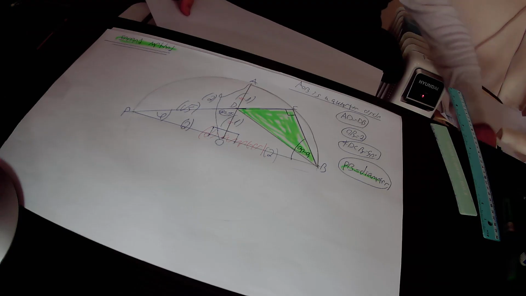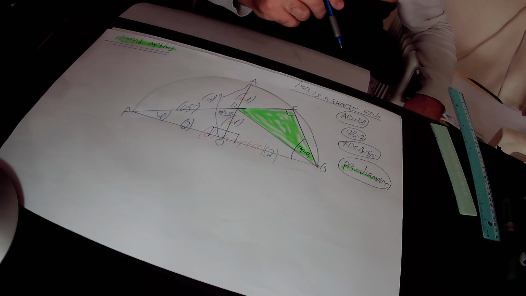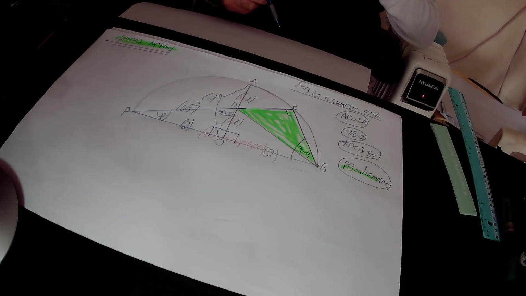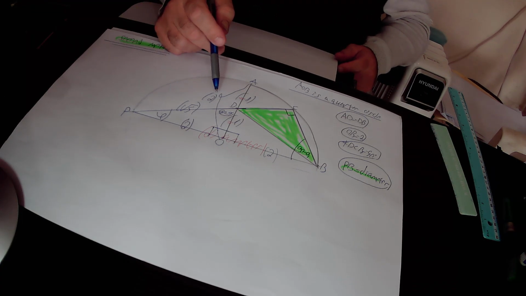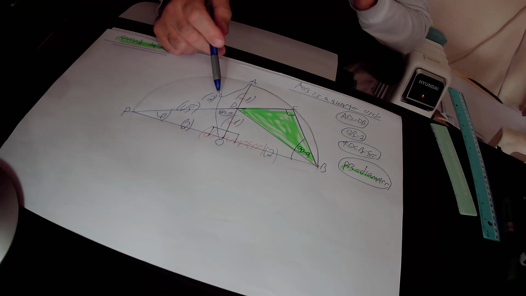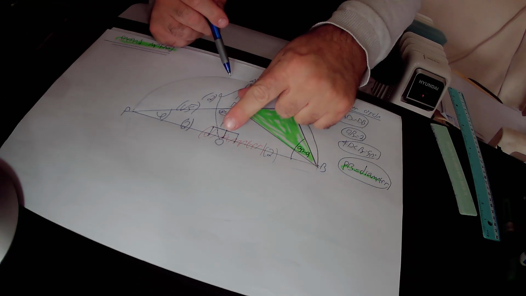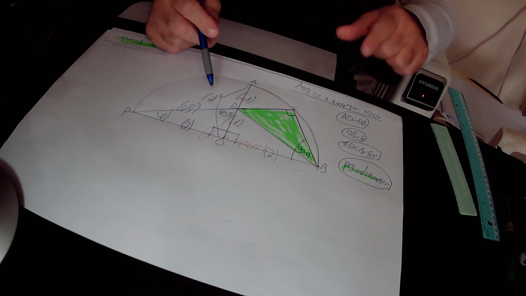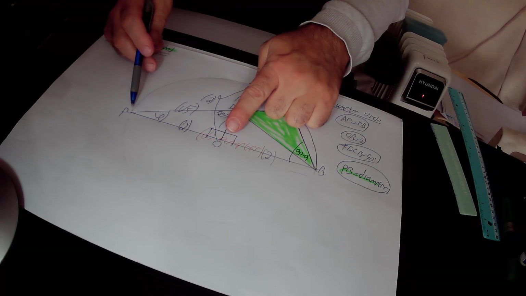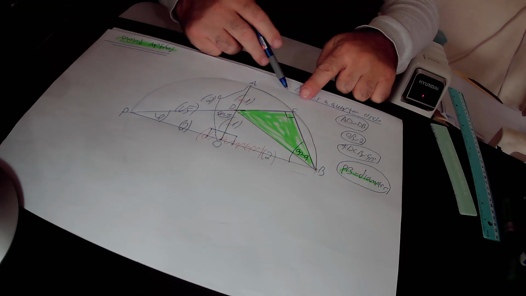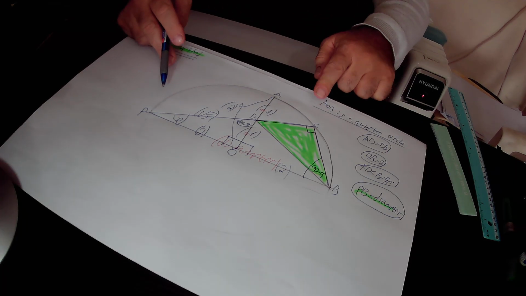And from the fact that the small right triangle PDO is similar to the big right triangle PCB, we derive that the following relationship exists between their sides. We derive that side PD of this small right triangle PDO over side PB of this big right triangle PCB is equal to side DO of this small right triangle PDO over side CB of this big right triangle PCB, and it is also equal to side PO of this small right triangle PDO over side PC of this big right triangle PCB.